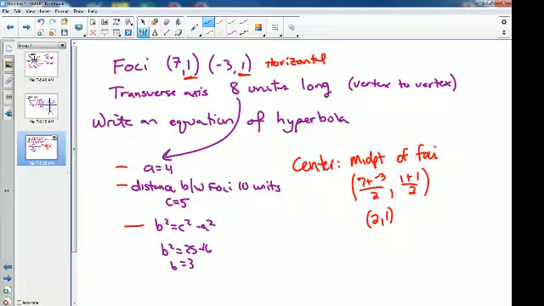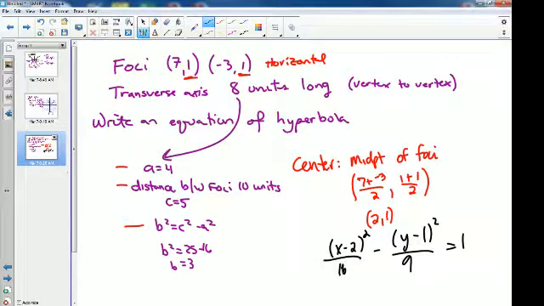So what's the equation? So it's X minus H. Again, it's a horizontal, so we put the X and the bigger number here.